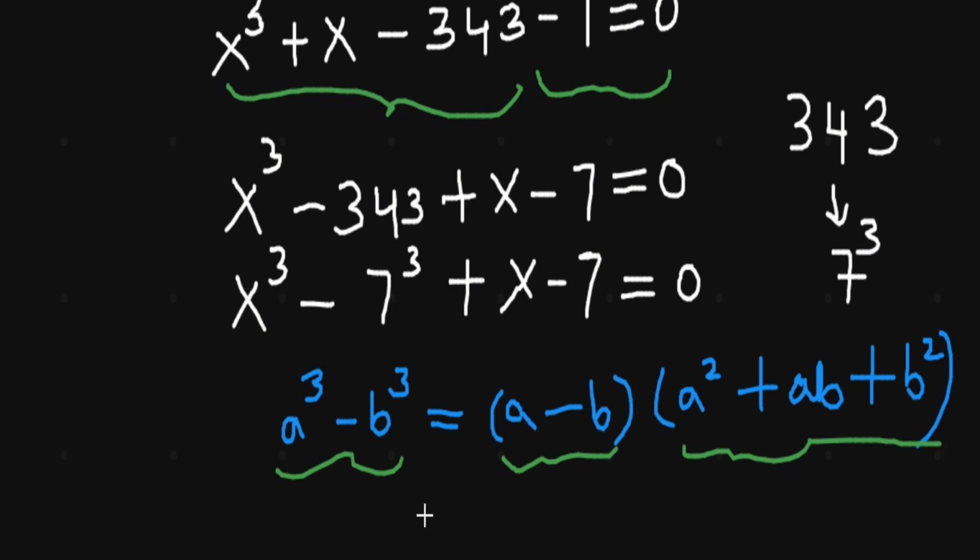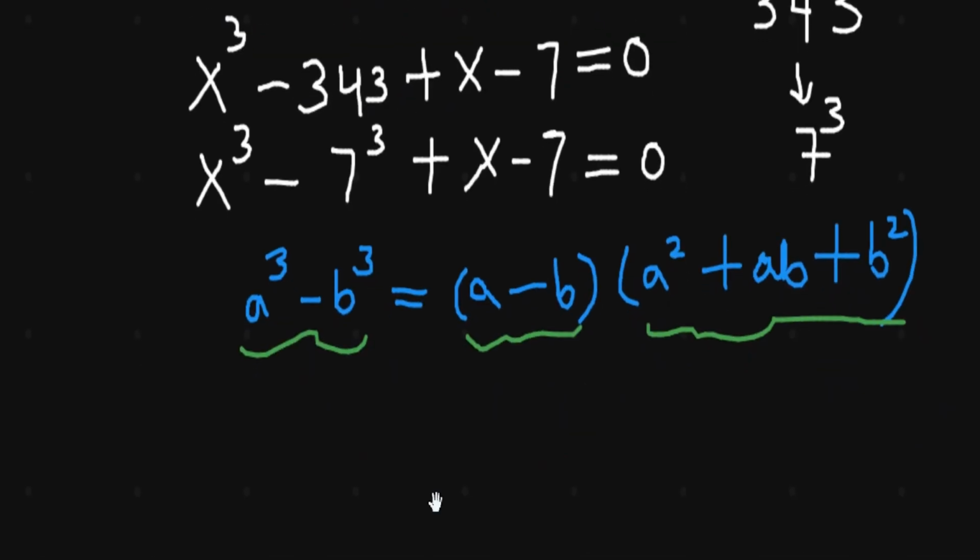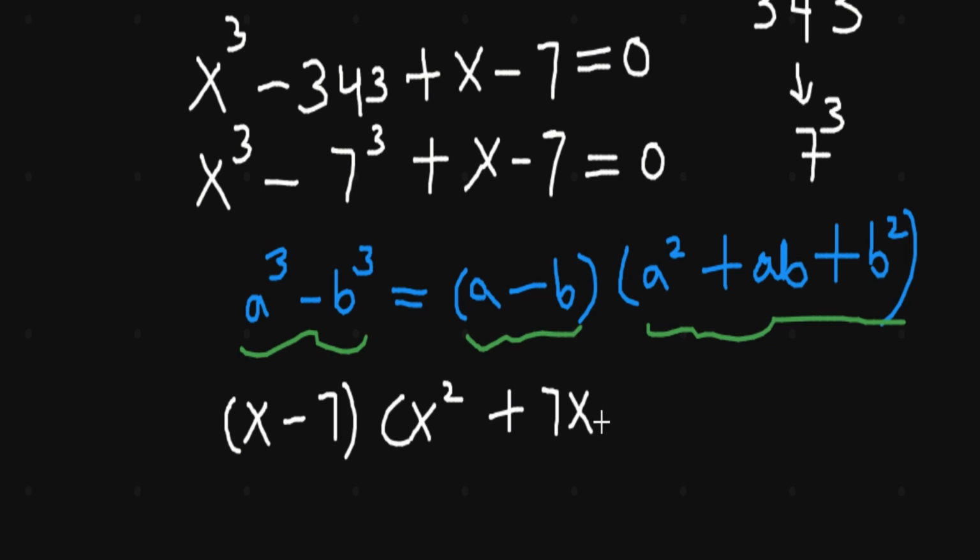So we can write x cube minus 7 cube according to this formula, where a is equals to x and b is equals to 7. So x minus 7 into a square, which is x square, plus ab, which is 7x, x into 7 is 7x, plus b square, 7 square is 49.